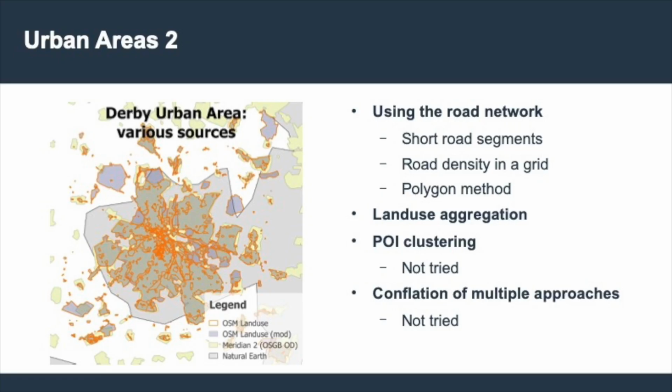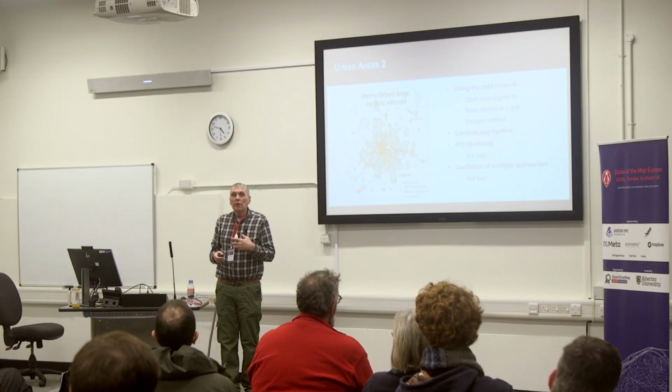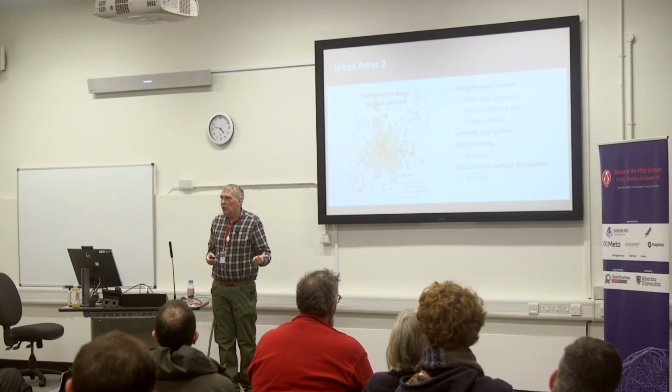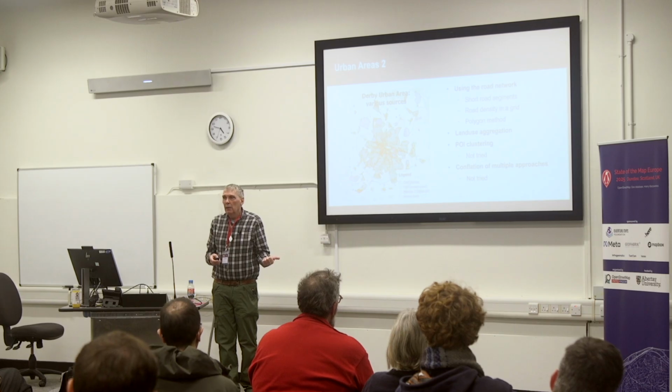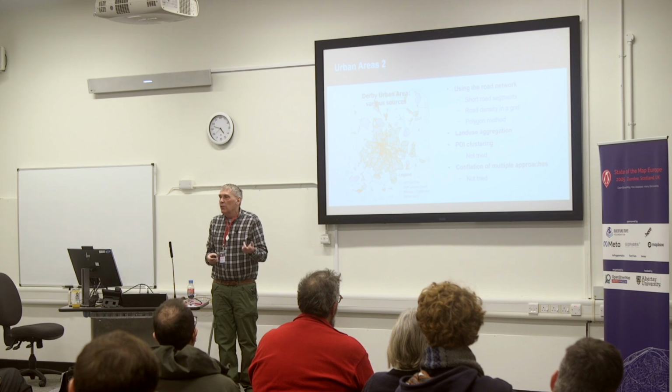I've tried one other approach, which is to take land use, certain classes of land use, and merge those together. You also need to buffer the land use so that you can fill any holes. But there are problems with that because you get things like industrial areas which are in the countryside, and at least in my part of England, you get lots of parks in rural areas.